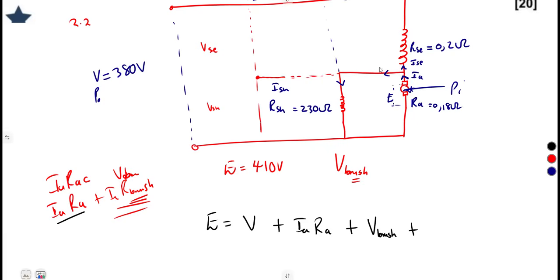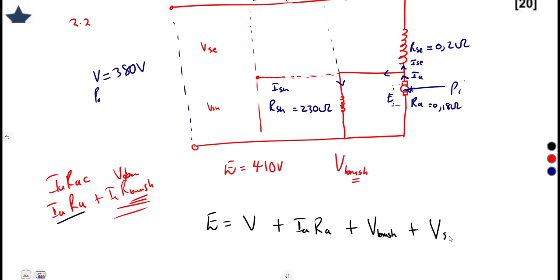You consider the one for the series, not the shunt here, but the series, to give us the voltage drop of the series. So what I'm trying to say is, the V shunt, you separate it. So you take the V series and this one, the drop for the armature current and armature resistance.